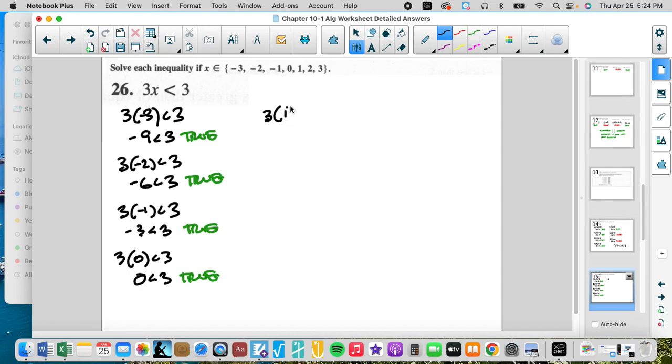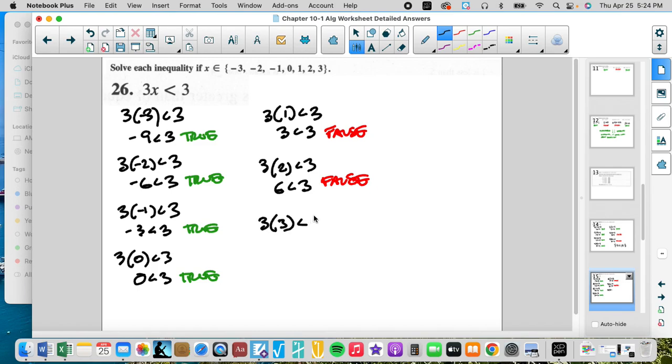3 times 1 less than 3. It is 3 less than 3. That's going to be false. Is 3 times 2 less than 3, is 6 less than 3. That's going to be false. And last one is 3 times 3 less than 3, is 9 less than 3.